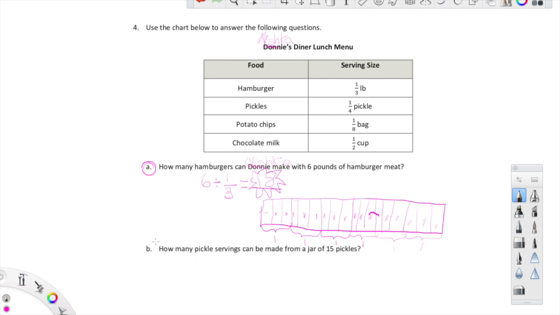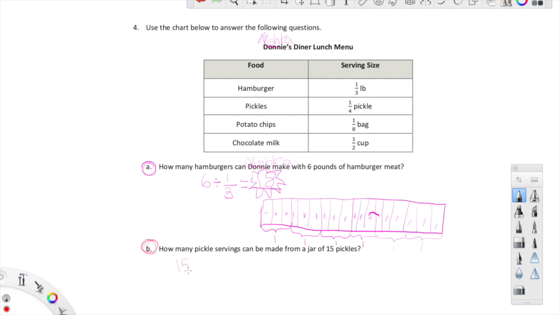Okay, now let's look at this problem B. Let's maybe change the color to red. Okay, so how many pickle servings can be made from a jar of 15 pickles? 15. Wow, that's like a lot of pickles.